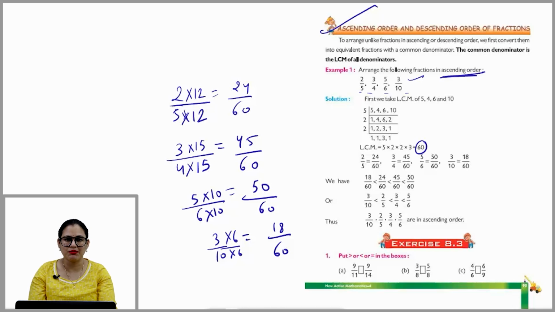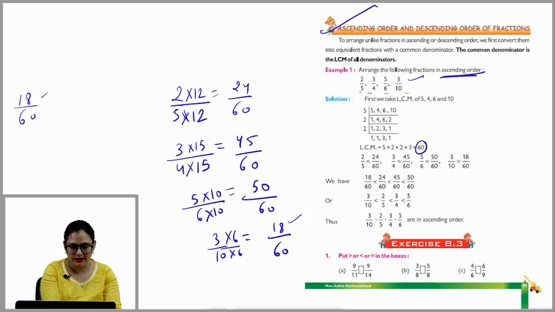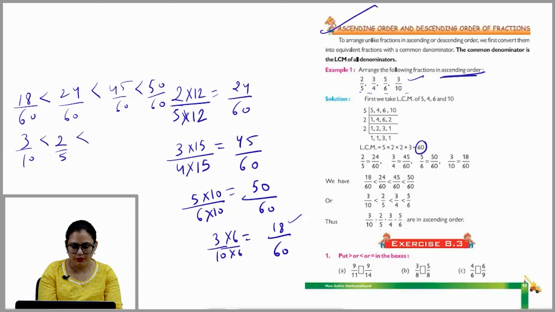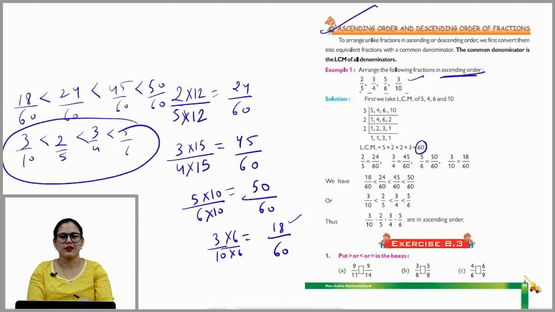Which one is smaller? 18 by 60, then 24 by 60, then 45 by 60, and then 50 by 60. 18 by 60 is 3 by 10, 24 by 60 is 2 by 5, and 45 by 60 is 3 by 4, and 50 by 60 is 5 by 6. So this is the ascending order.